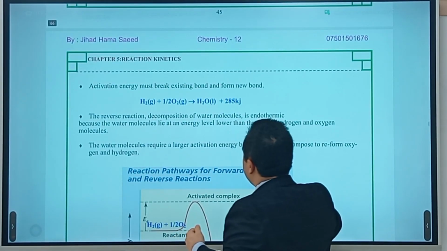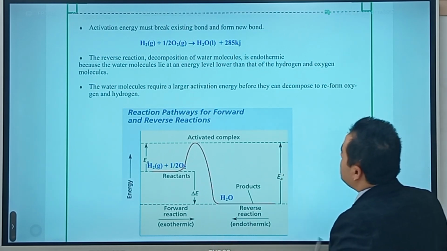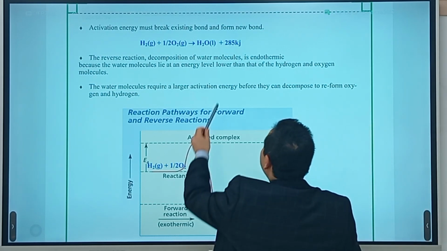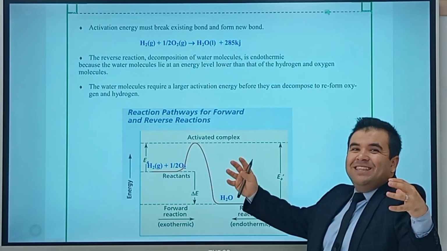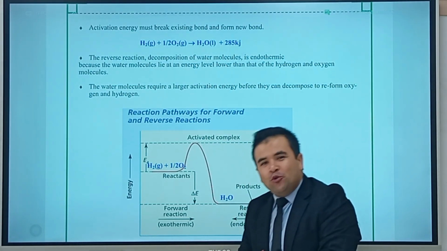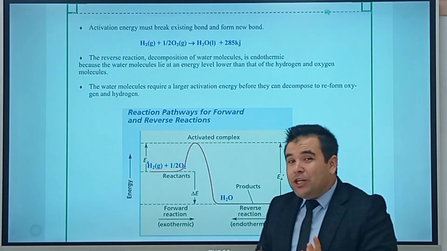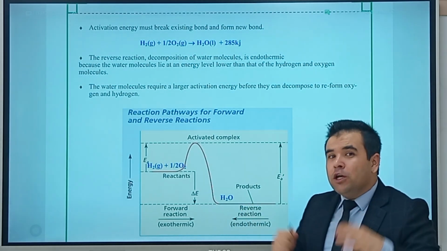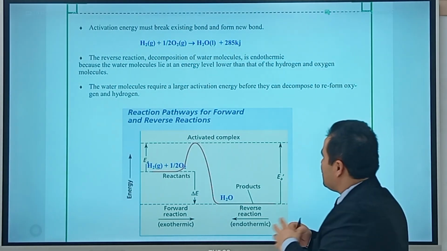You'll understand the activated complex. Activation energy must break existing bonds and form new bonds in order to let the hydrogen and oxygen react. So the activation energy must be supplied even for exothermic reactions in order to start the reaction.